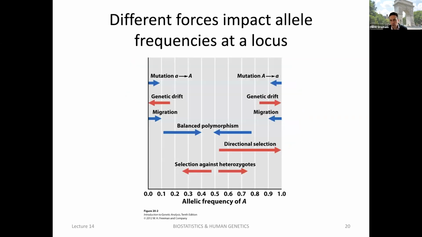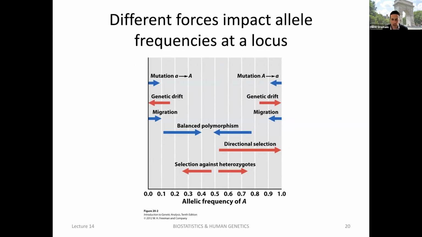And so what we've covered today are the two main forces that are acting on allele frequencies in populations. So drift, random genetic drift, which causes allele frequencies to go to loss or fixation, as a function of population size.